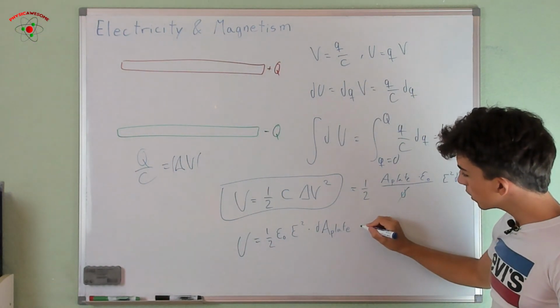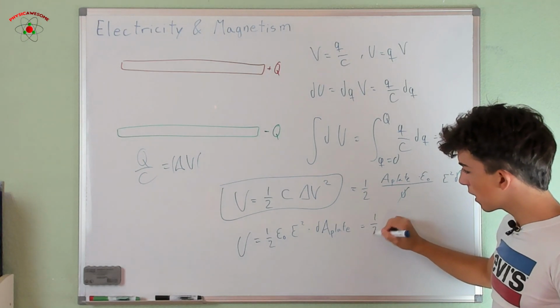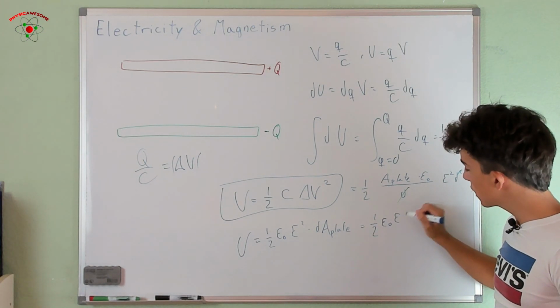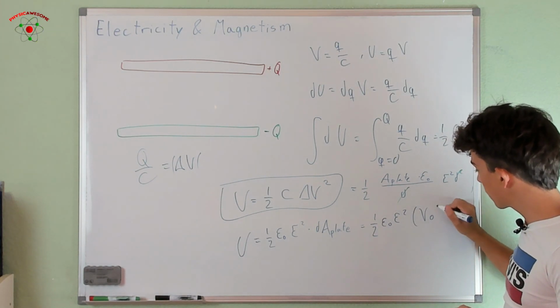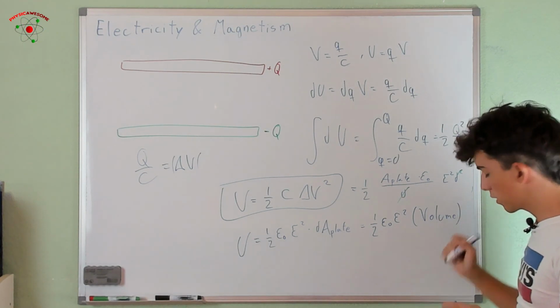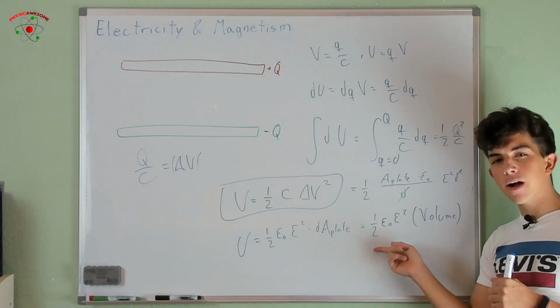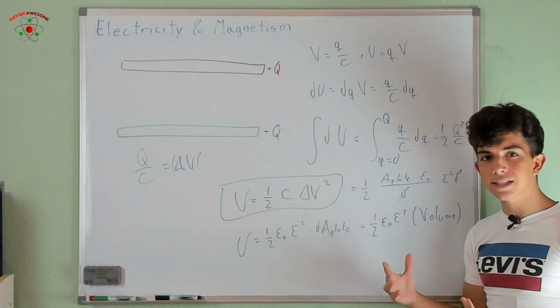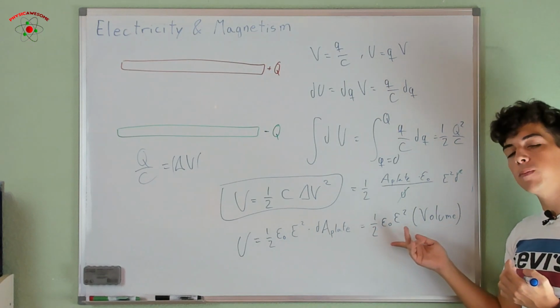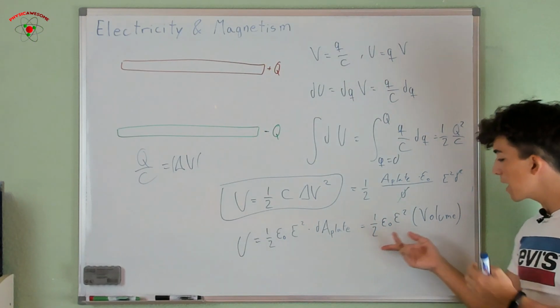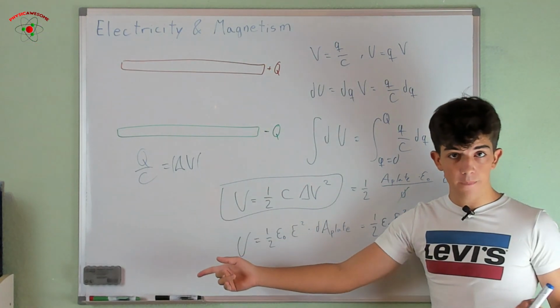So this is 1/2 epsilon naught E squared times the volume. What we find is that this acts as an energy density, because we are multiplying this factor by a volume to get an energy.